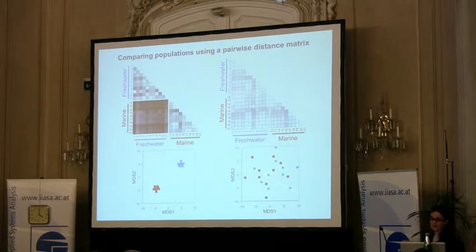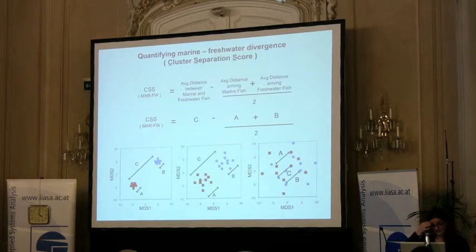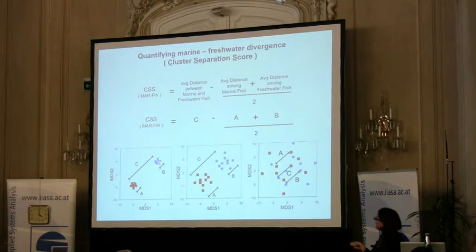So we came up with a way of measuring the kind of clustering that we see within a matrix, and we call this the cluster separation score. It takes into account the variance within a cluster and the variance between clusters. So we can go in with a particular marine freshwater hypothesis and ask how much variance there is within the freshwater class, within the marine class, and between them.